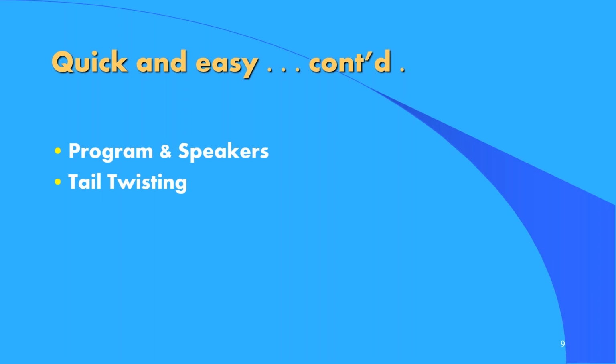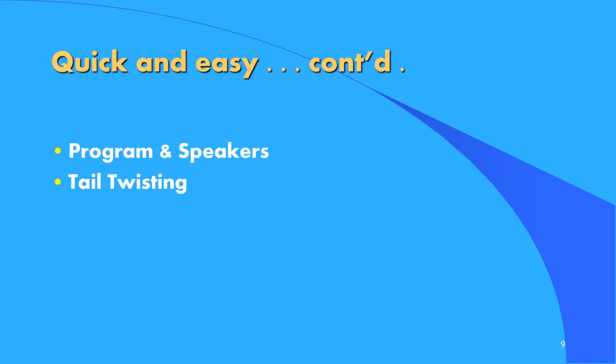Now, tail twisting. I said before, I don't think that tail twisting should be used as an admin fundraiser. And we touched on the issue about fines being overused. The tail twister's job is to make the meeting fun, enjoyable, and create a feeling of camaraderie in the club.